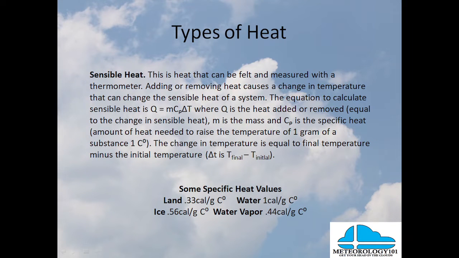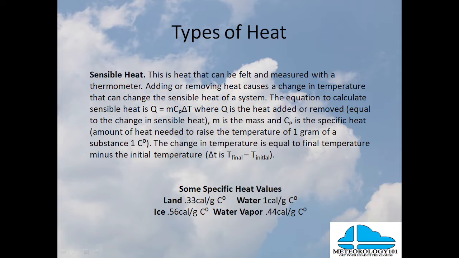Types of heat. There's sensible heat. This heat can be felt and measured with a thermometer. Adding or removing heat causes a change in temperature and can change the sensible heat of the system. The equation to calculate heat is Q equals m c sub P delta T, where Q is heat added or removed, equal to the change in the sensible heat.